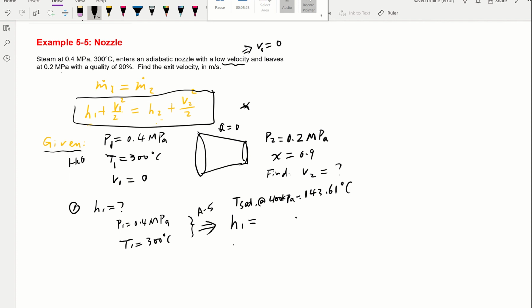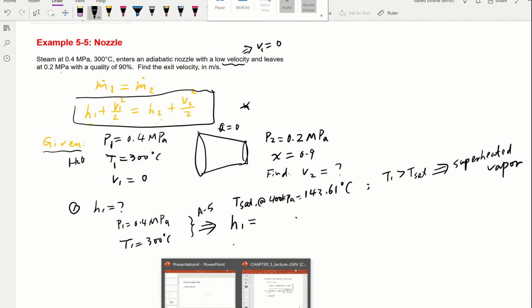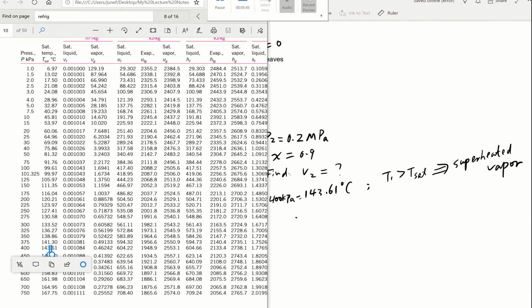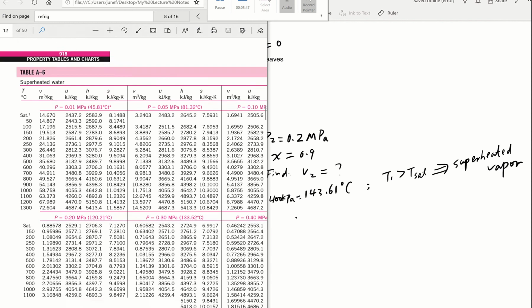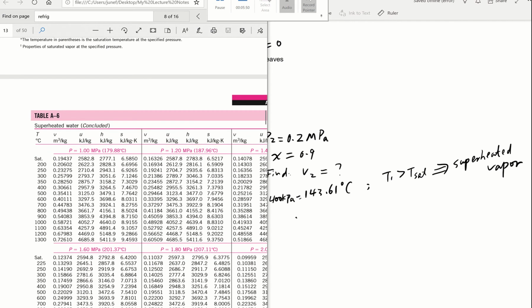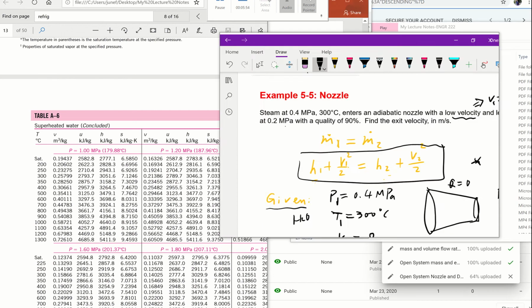Your given temperature T1 is 300, and because this T1 is greater than Tsat, we know that's going to be a superheated vapor. So if it's a superheated vapor that comes to this nozzle inlet, we're going to go to a different table, which will be table A6, right? So we're going to go to table A6.